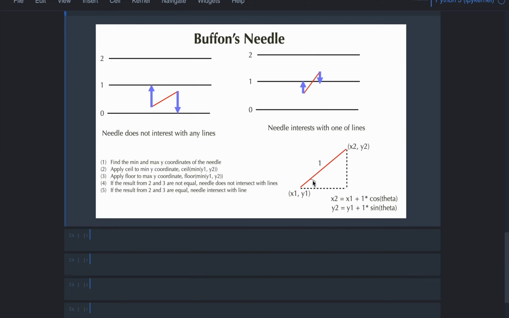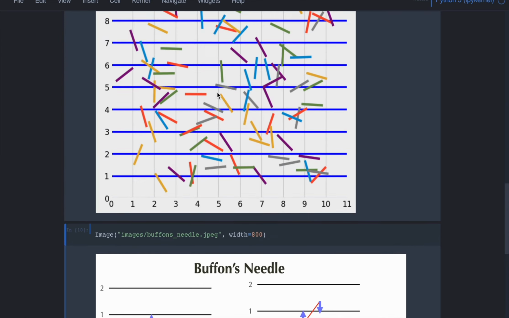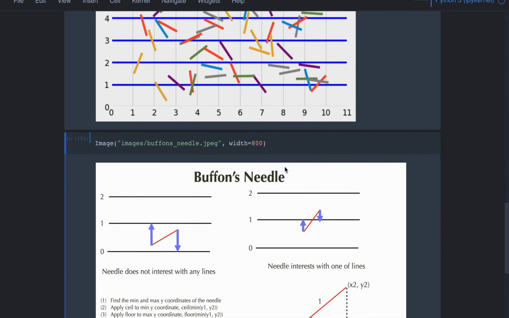We generate an angle theta, and from trigonometry we know this forms a right triangle, and we already know the length of the needle, which is 1, or it could be any arbitrary length L. If the length of the needle is L, then the spacing between the horizontal lines should also be L.